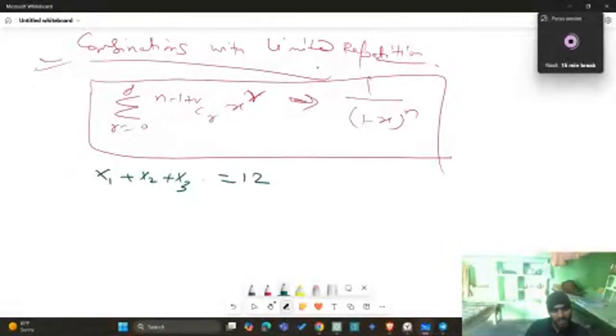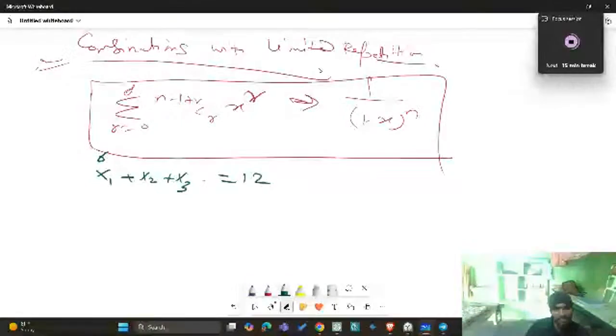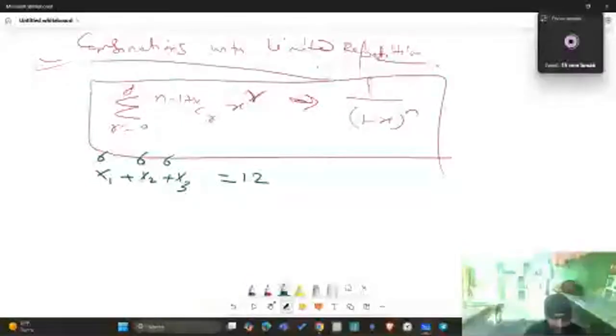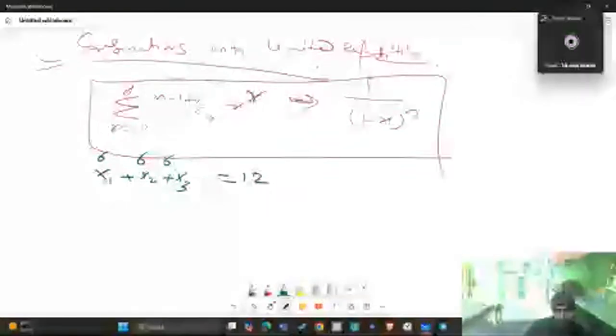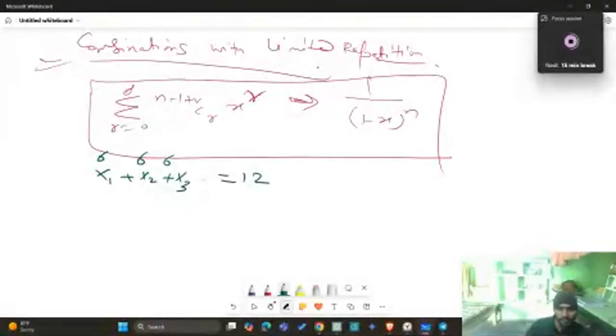Now, this is a repetition problem, so we cannot get unlimited repetition. If the sum was 5 or 2 or 3 or 4 or 6 for that matter, this problem would become unlimited repetition, and we could directly solve by (n minus 1 plus r)Cr.